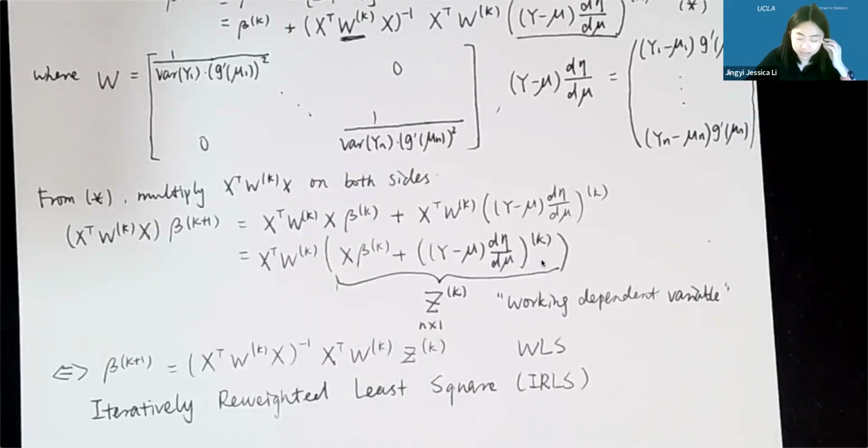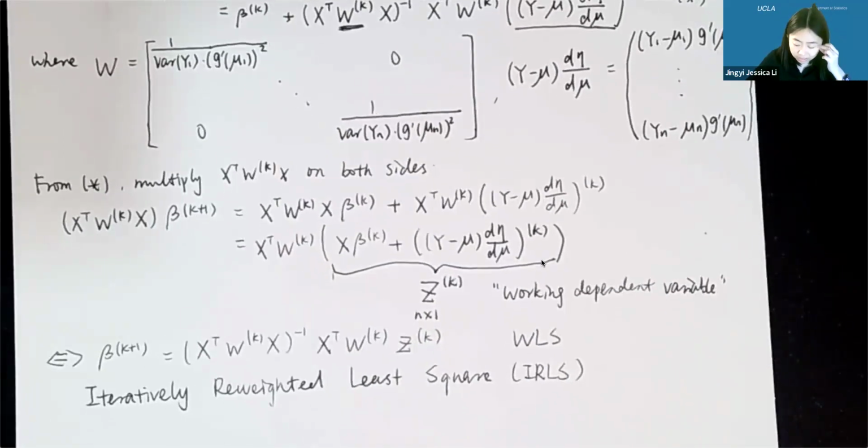And it's still the one used in the glm function in R. The good thing about this is that we just need to have the algorithm for weighted least square. If we have a way to solve weighted least square, then we can apply it iteratively.